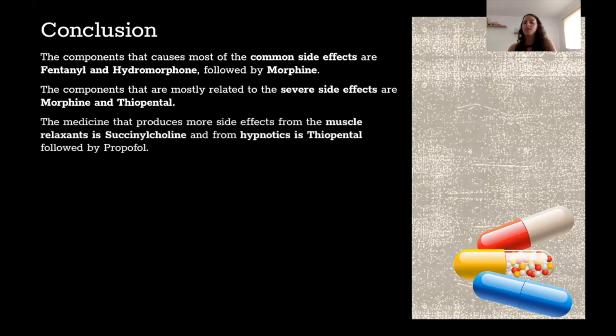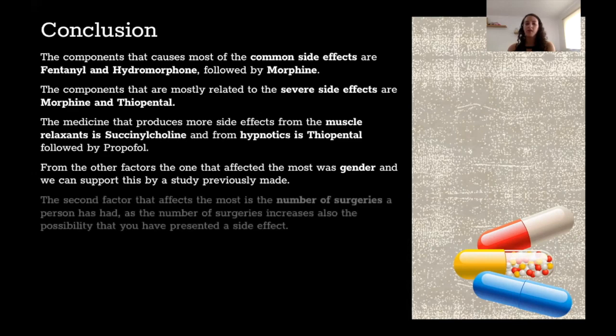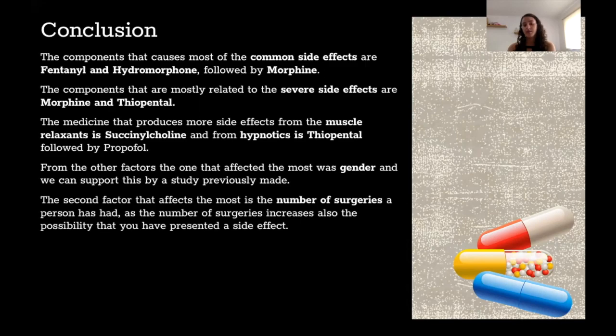And from the muscle relaxants, the one that caused most side effects was succinylcholine, and from hypnotics it was thiopental followed by propofol. So we can conclude that from all of these, the ones that cause most side effects are analgesics, and especially morphine.